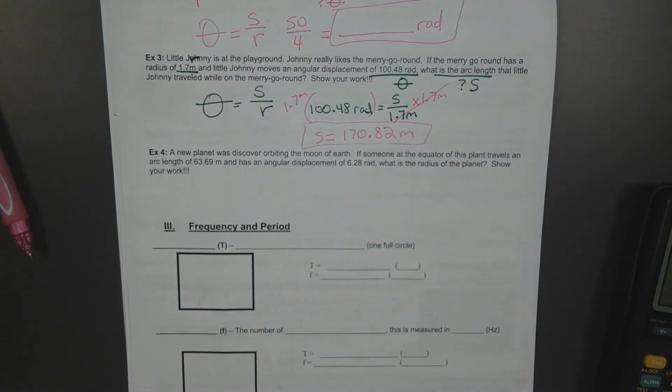That would be how much that string would have wrapped around the merry-go-round, into a straight line string of 170 meters in distance.